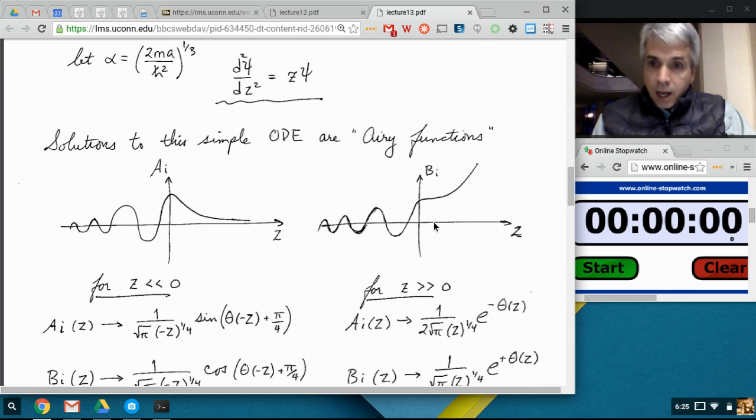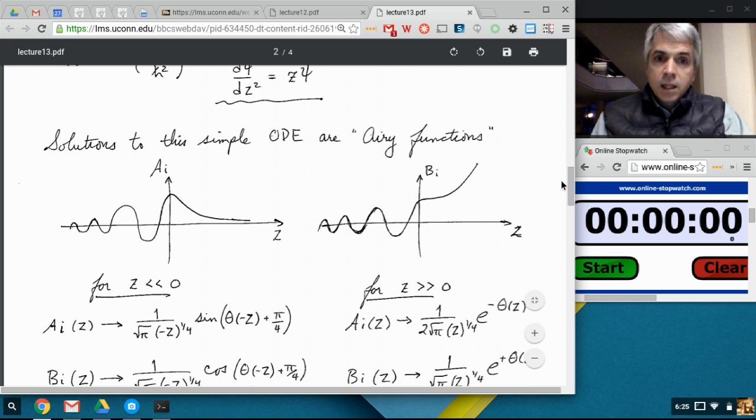Now, we're going to be interested especially in using these functions to connect to WKB out over here and to WKB out over here. And for that purpose, we're not interested simply in the detailed form everywhere, but in what the shape is out here, far from z equals 0 in the negative direction, and out here in the positive direction.